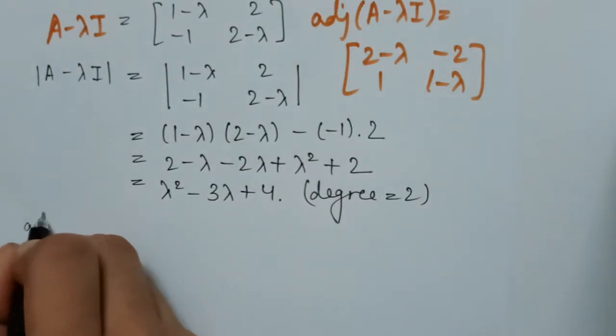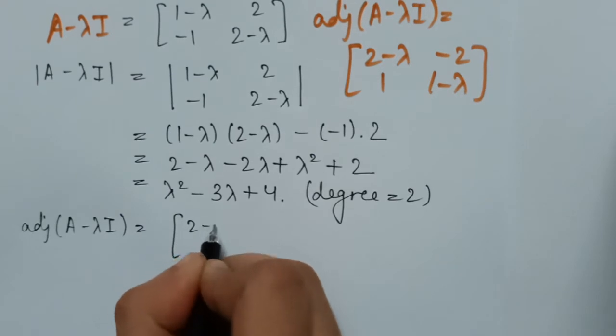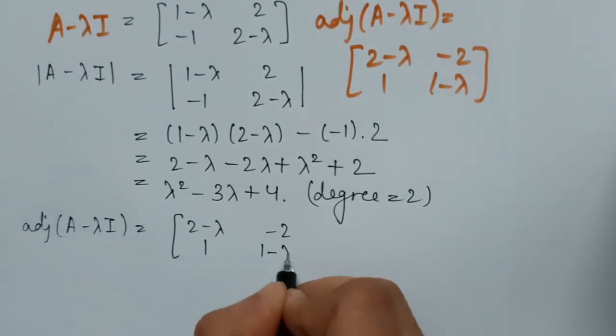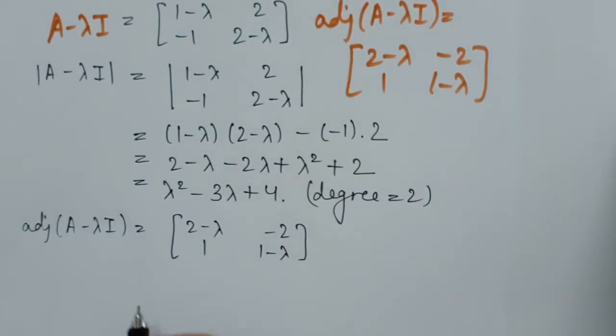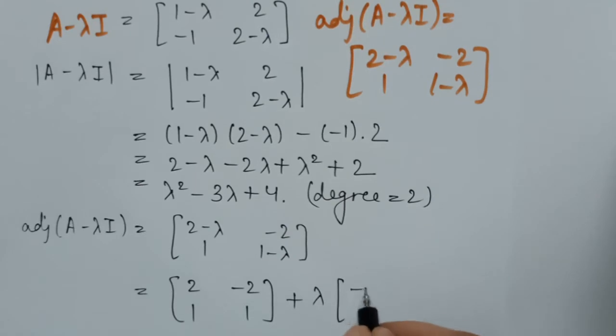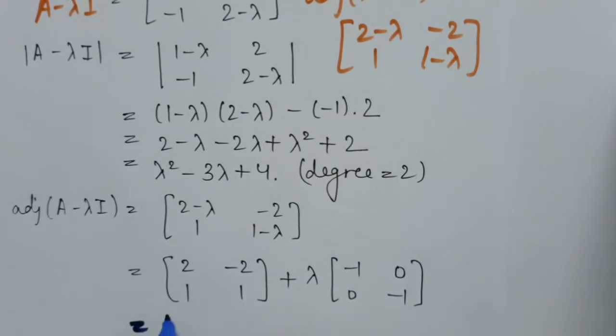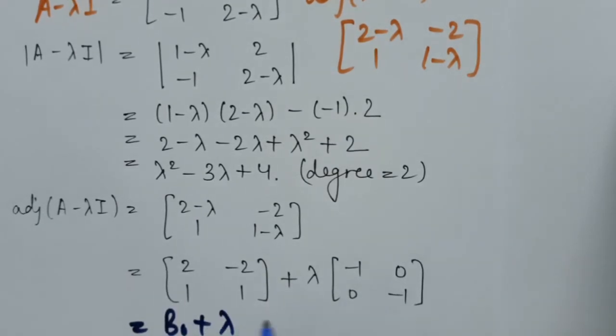So now this is the adjoint of A minus lambda I that we have got, which is equal to [2 minus lambda, minus 2; 1, 1 minus lambda]. So can we write it as [2, minus 2; 1, 1] plus lambda times [minus 1, 0; 0, minus 1]. Now write this matrix as B0 and this as B1 simply.